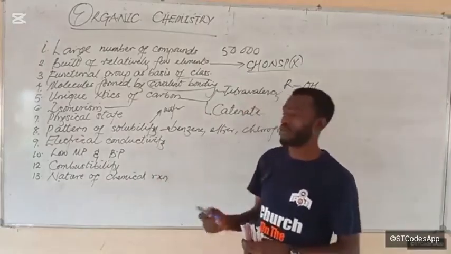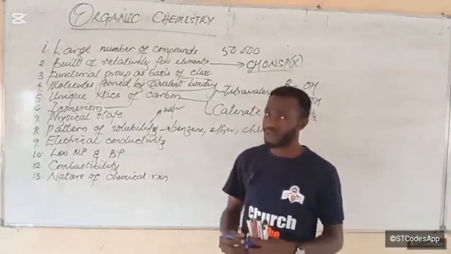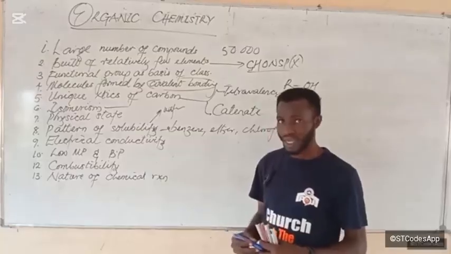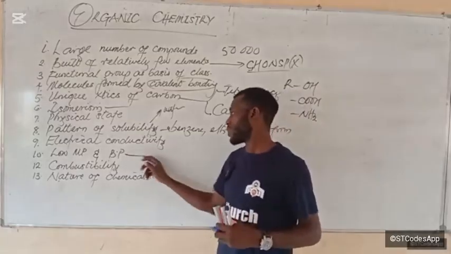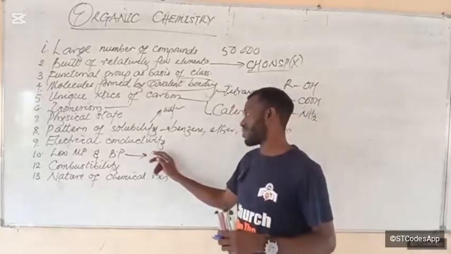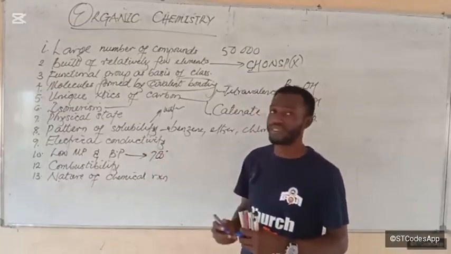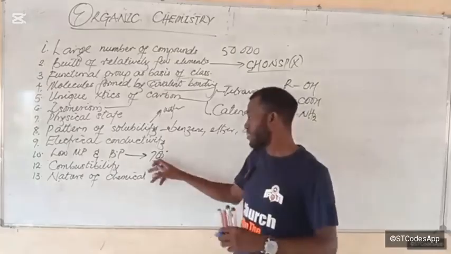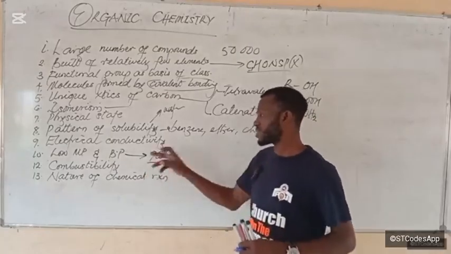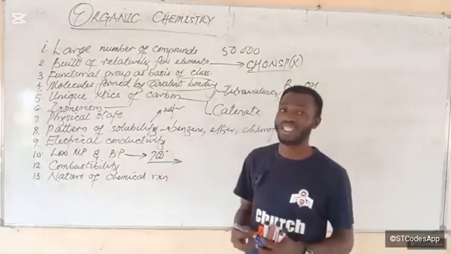Then we have the low melting and boiling points. There is almost no salt of an inorganic compound that can be melted at less than 700 degrees. Most of them usually have melting points above 700 degrees Celsius.